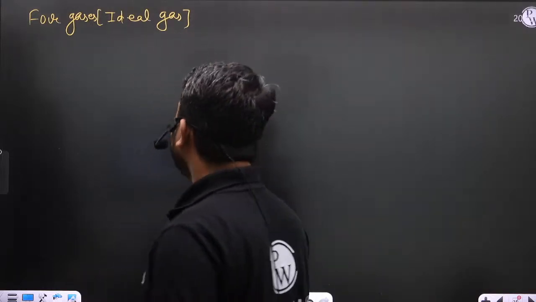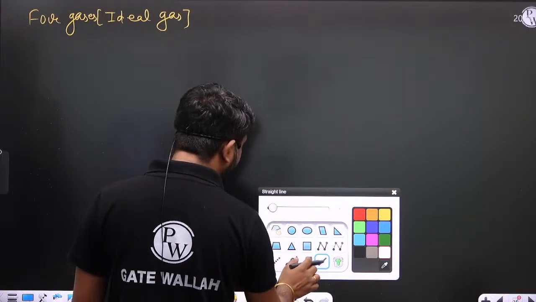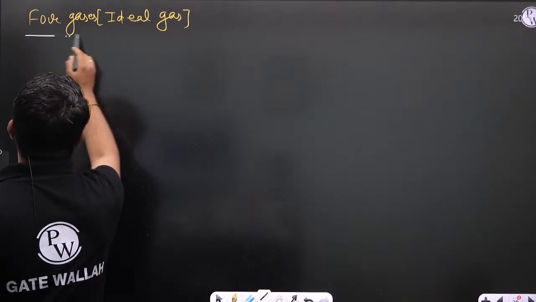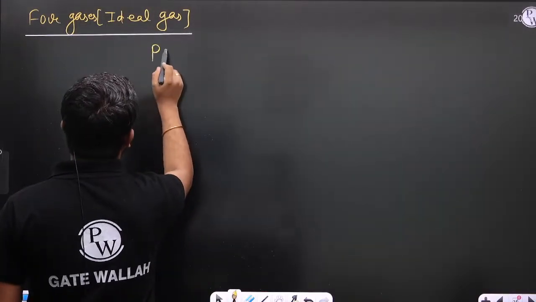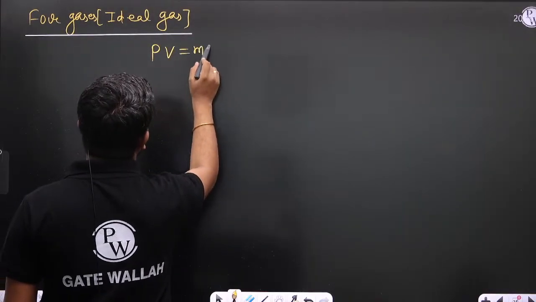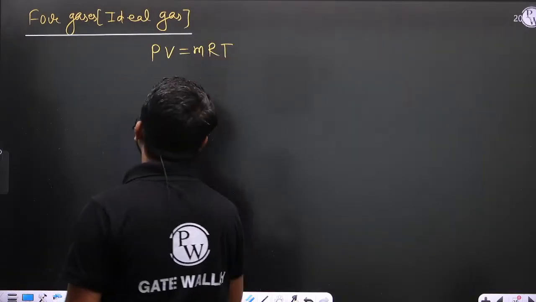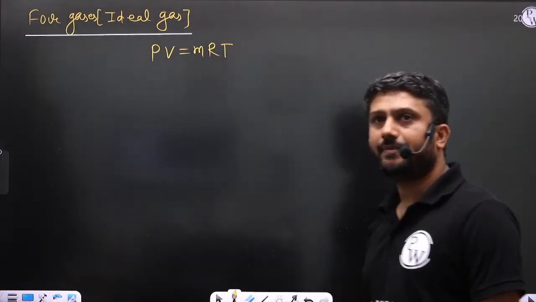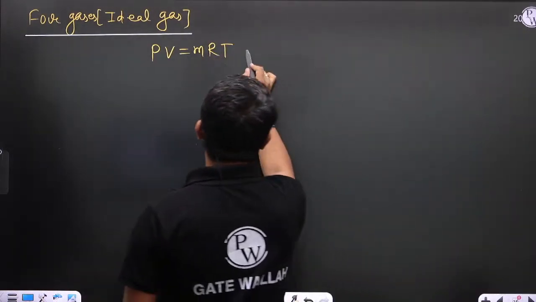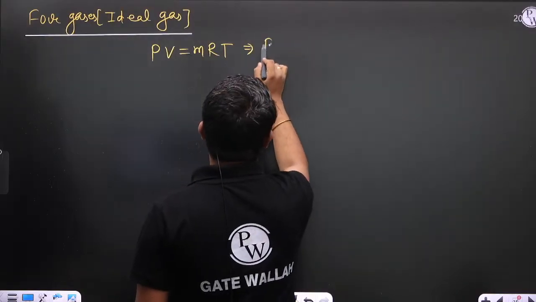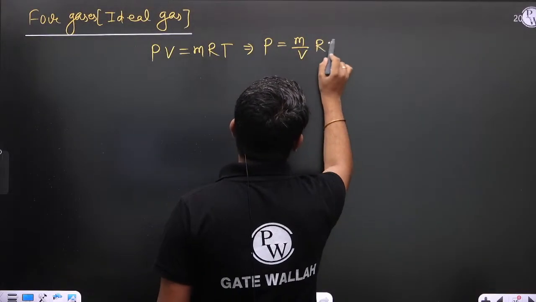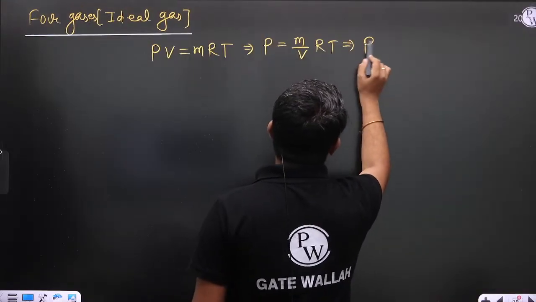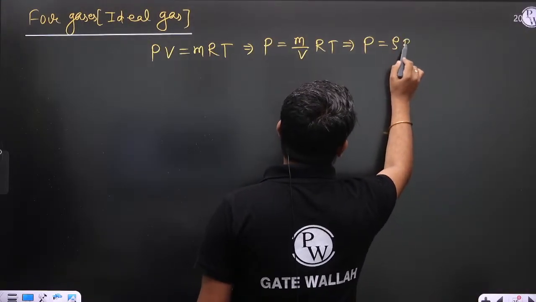In case of an ideal gas, we can use the ideal gas equation, PV is equal to mRT. Or we can write P is equal to (m by V) RT, or P is equal to rho RT.